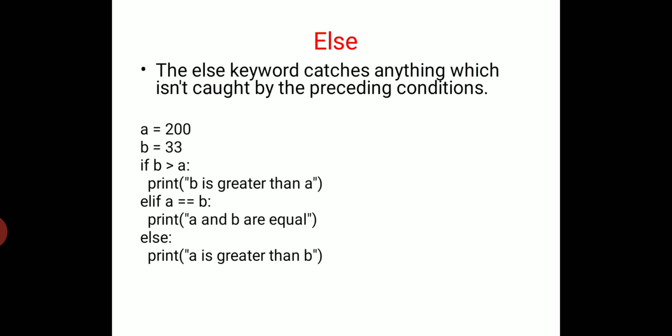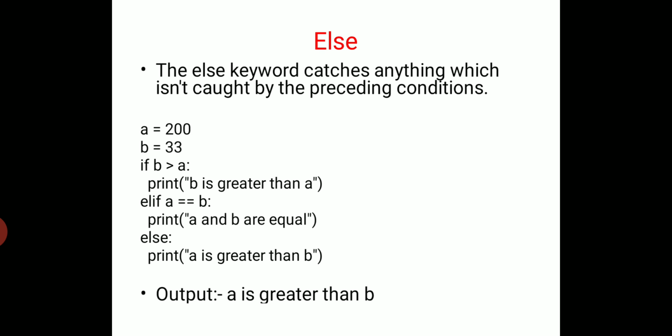So a is 200, b is 33. If b is greater than a, print b is greater than a. Elif a is equal to b, print a and b are equal. The last condition is else, a is greater than b. So here our output is a is greater than b.